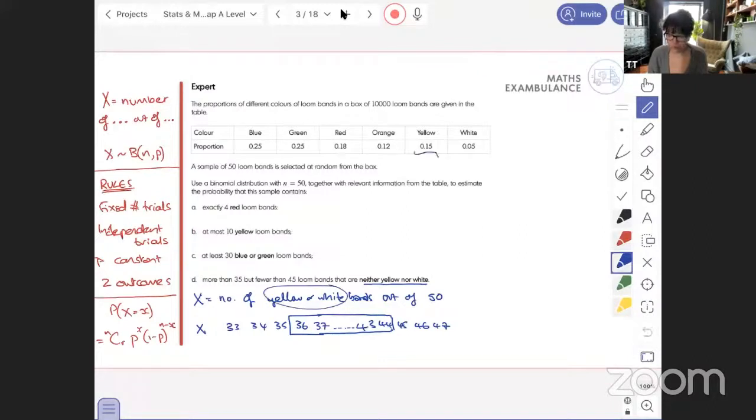The probability of yellow or white is these two added up, which is 0.2. So X is binomial, the N is 50, and the P is 0.2. Now what I did is I just read this, and then I stopped reading. So I've drawn a little picture out, and I've put the box carefully around more than 35, but fewer than 45. That's what I've done. Now that's not what the question asked.